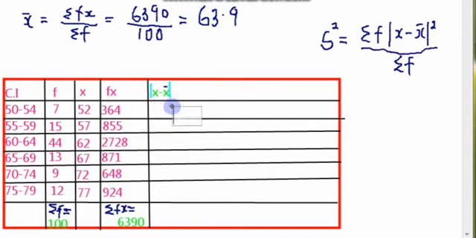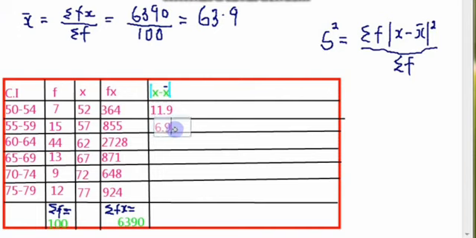It will give us a negative value, but because of the absolute sign, everything will turn positive, and it becomes 11.9. 57 minus 63.9 gives us minus 6.9, but the absolute value changes it to 6.9.